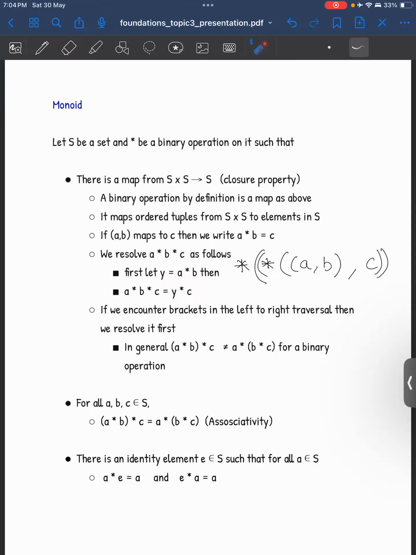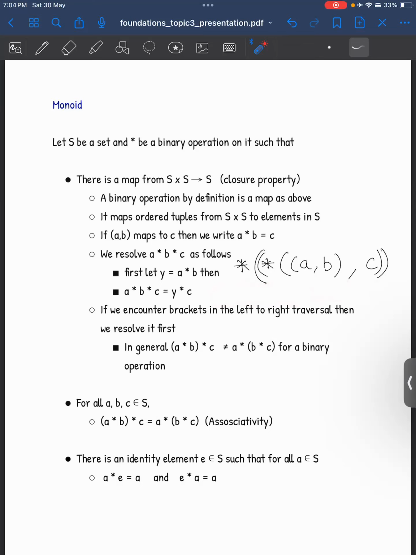Observe that we could have started from the right, that is first resolve B star C as Y prime. So Y prime is equal to B star C, and then use Y prime to resolve A star B star C as A star Y prime.